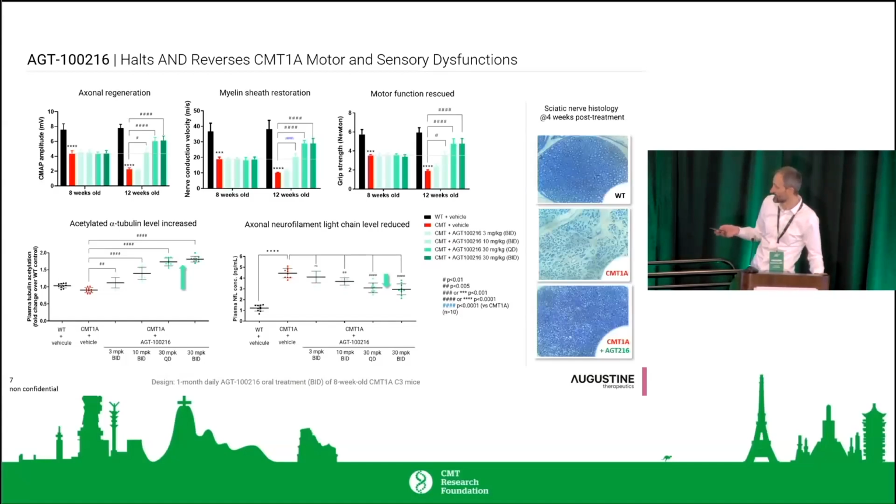When you look at histology, this is the wild type mouse sciatic nerve. This is how it looks in a CMT1A mouse once it has developed the phenotype. And with HDAC6, you can see that we are able to reverse that phenotype, rescue it completely with a lot of axons that are myelinated.